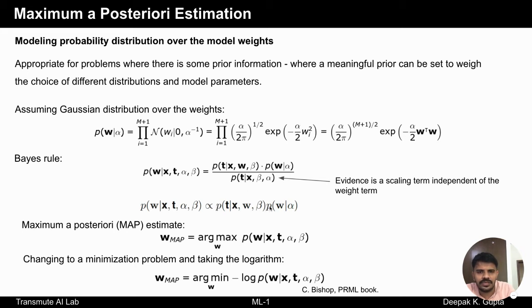The product can be split as an addition, so we get minus log of this term minus log of that term. If you look at the log of the prior, taking the log of this can be written as log of this term and then log of the exponential of this term. Log and exponential will cancel, so this term is left.